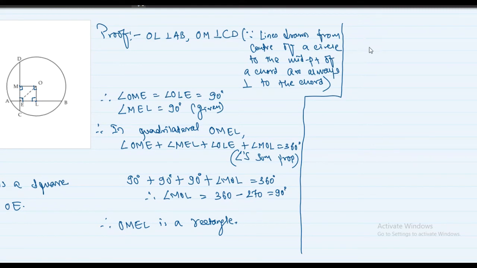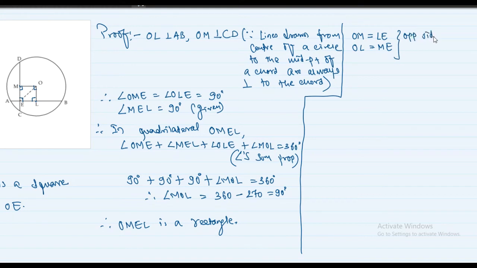See, if we can prove that it's a rectangle, we have proved it already. So opposite sides will be equal. So that means OM is equal to LE and OL is equal to ME.